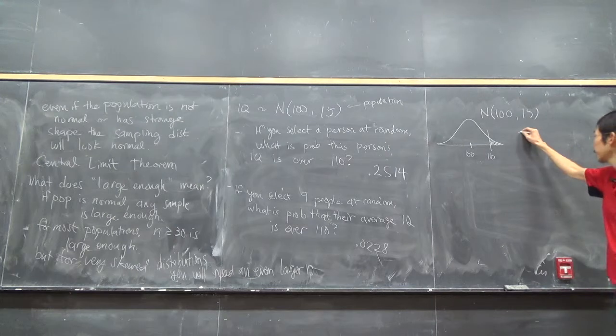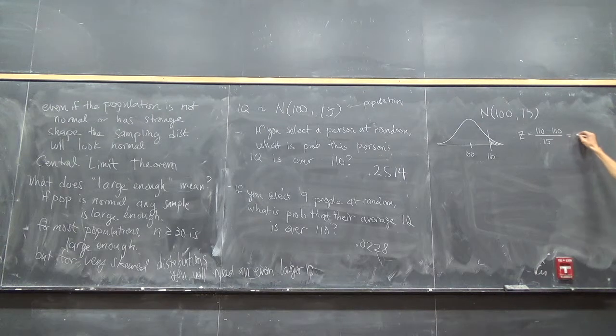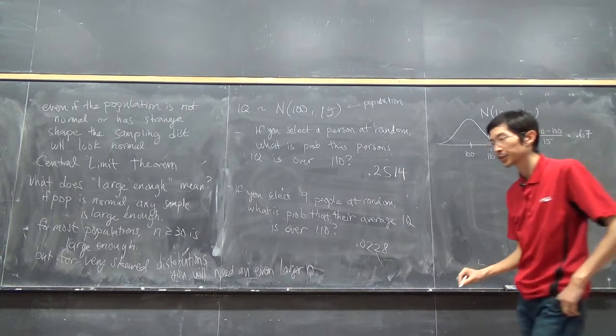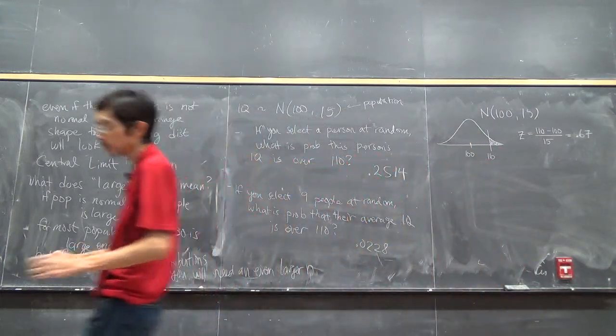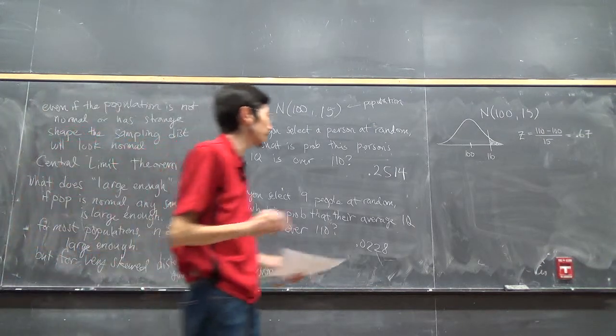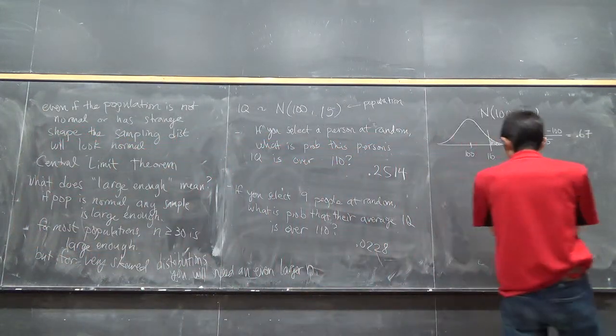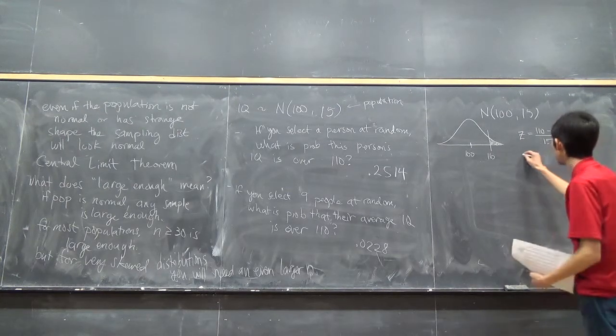So I do z equals 110 minus the mean of 100, over 15. I get a z of 0.67. And I could look up 0.67 in the table and subtract that area from 1. If I do that, 0.67 gives me 0.7486.